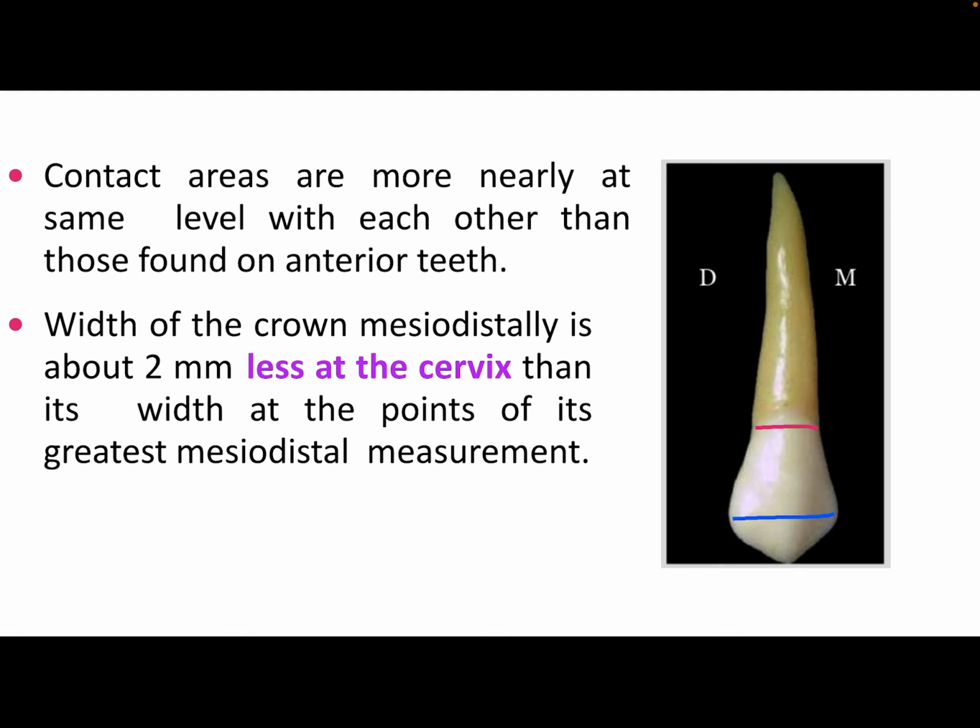We have already seen this feature. The width of the crown mesiodistally is about 2 mm less at the cervix than its width at the points of its greatest mesiodistal measurement. For this tooth, around 7 mm is at the maximum curvature areas mesiodistally, and 5 mm at the cervical area.